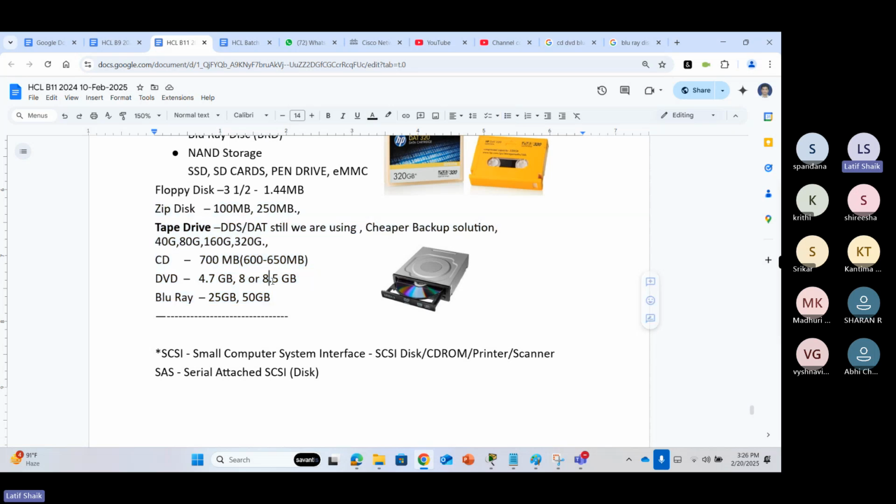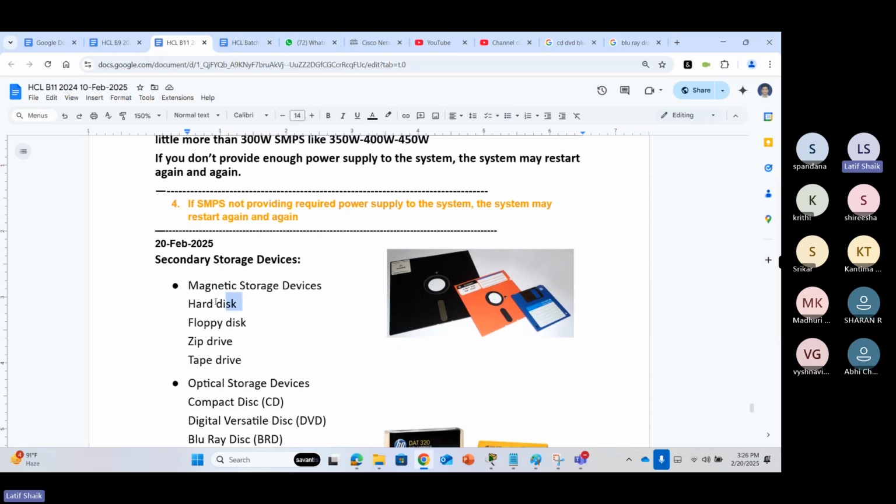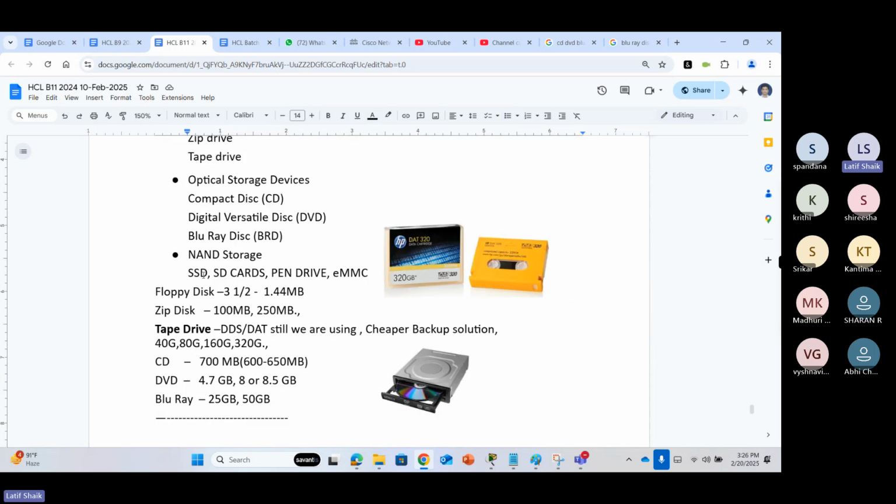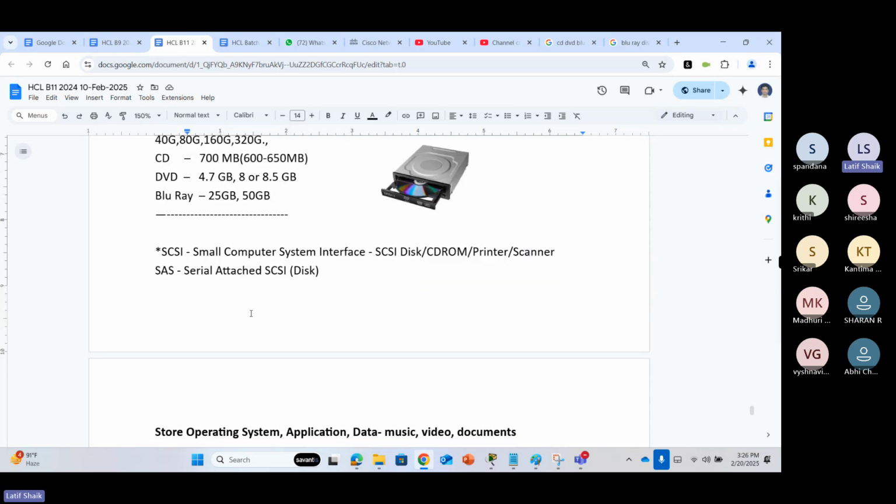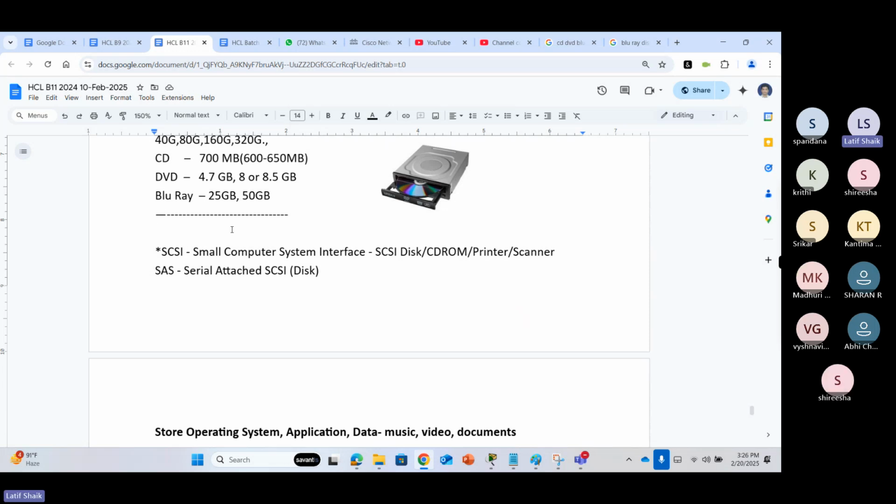These are the main storage devices. Already I told about hard disk and SSDs. I will tell separately. There is a special type of interface and storage disk also. What is it? Small Computer System Interface, SCSI. In enterprises, they use it for storage solutions.